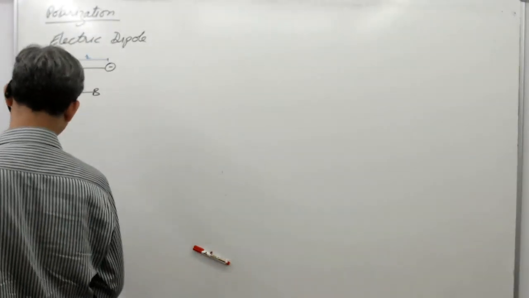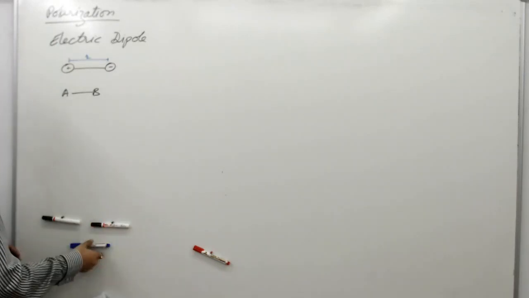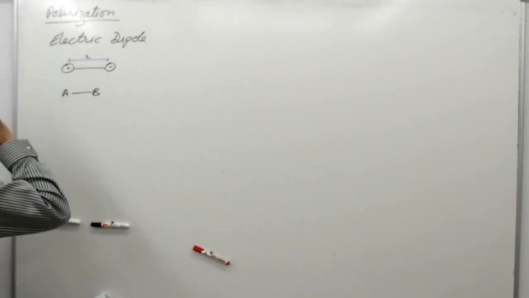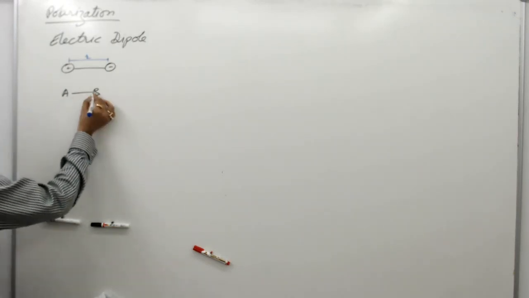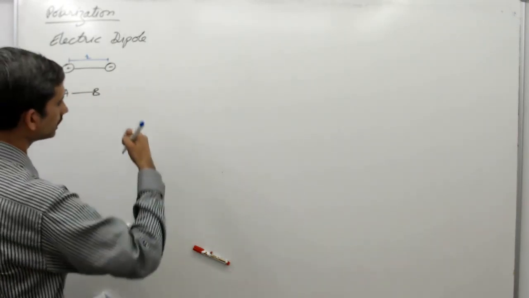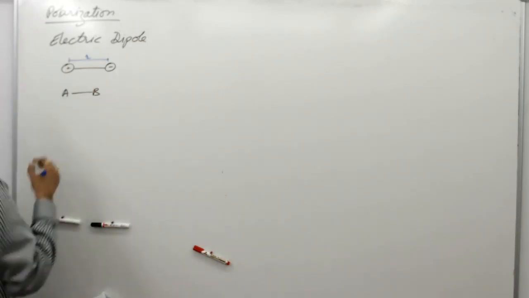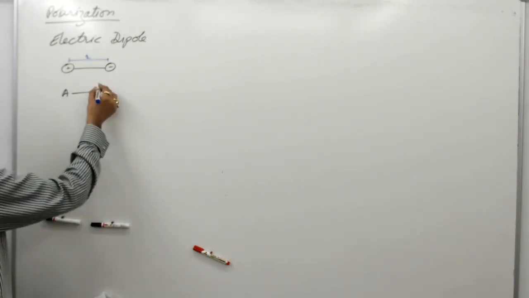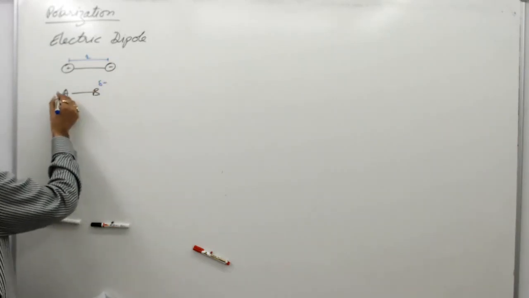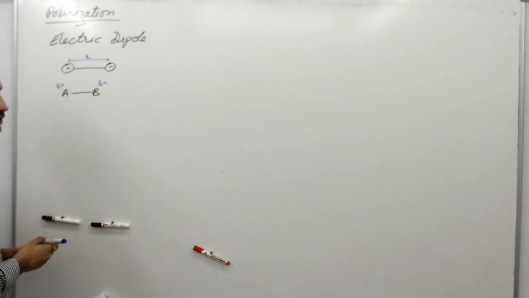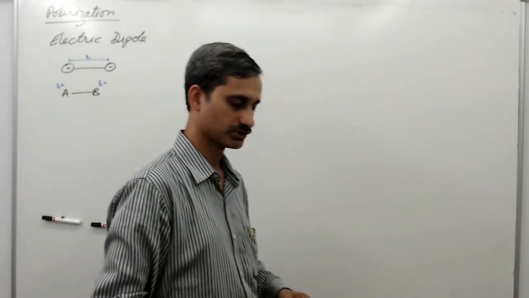But if A and B are not identical, if A and B are different, then there is a possibility that B or A is going to pull the electrons more strongly than the other atom. Let us say B is more electronegative. Then B is going to pull the electron towards itself, and B is going to get a delta negative charge while A is going to get a delta positive charge.